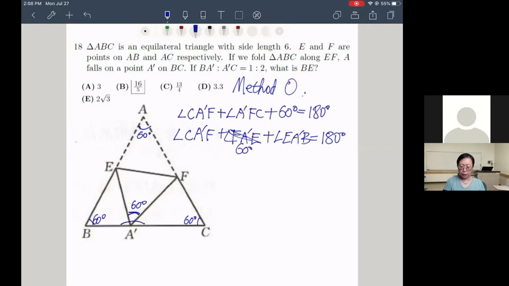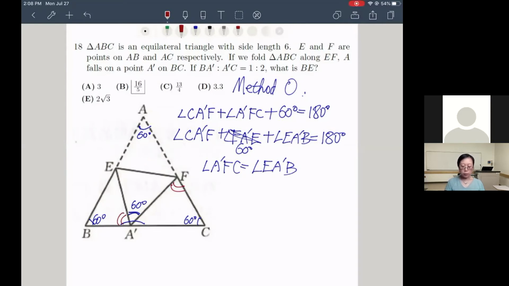From these two equations, we can conclude that the angle A prime FC and EA prime B are the same. A prime FC, let's use red color, which is this one, and EA prime B, they're the same.